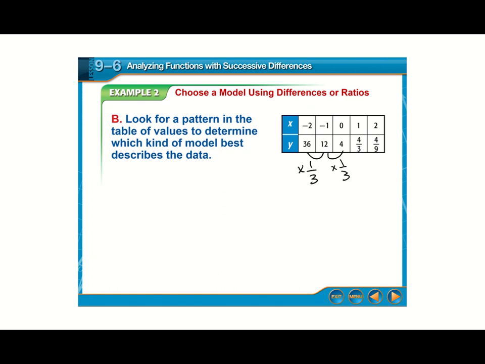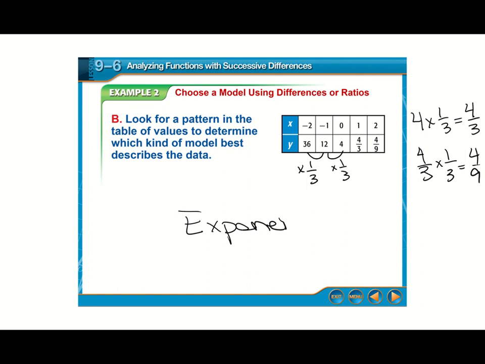So 4 times 1/3 would give you 4/3, and 4/3 times 1/3 gives you 4/9. So you can see that in all those cases, you are multiplying by the same number to get from one y to the next. Therefore, that means it's exponential. So if you're multiplying by the same number, it's exponential.